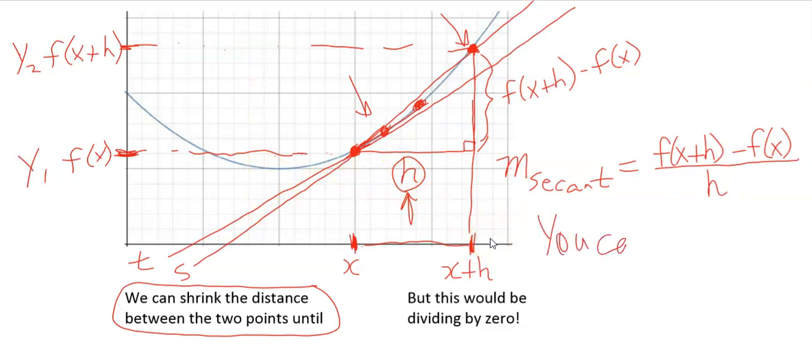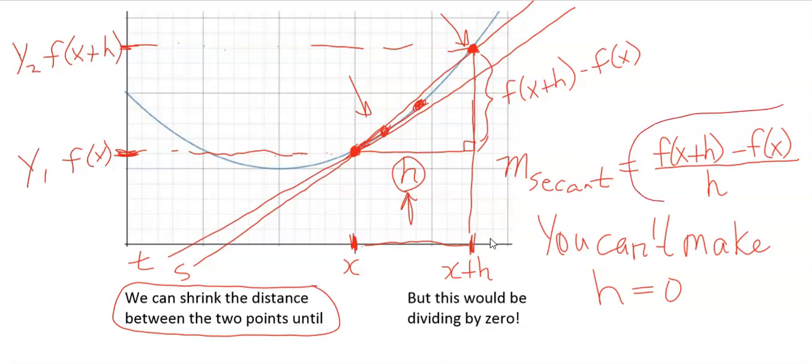Now let me put this here. You can't make h equal 0. You can't make that triangle so small or those points so close together that the 2 points actually merge into 1. Because look at what's happening with your slope. See that? h is in your denominator. If you put in a 0 for h, ladies and gentlemen, not only does the denominator become 0, but the numerator becomes 0 as well.